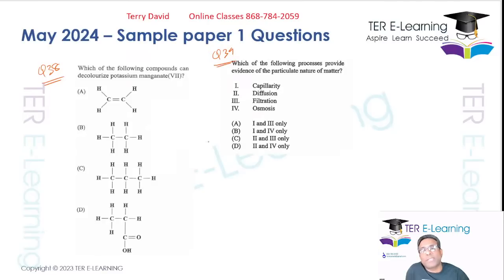So question 38, which of the following compounds can decolorize potassium manganate 7? Which of the following can decolorize potassium manganate 7?